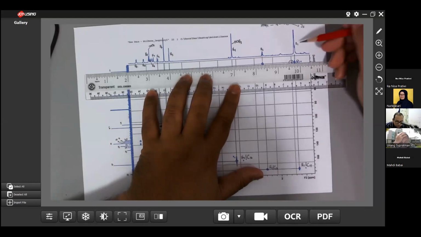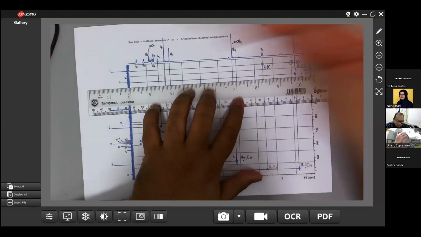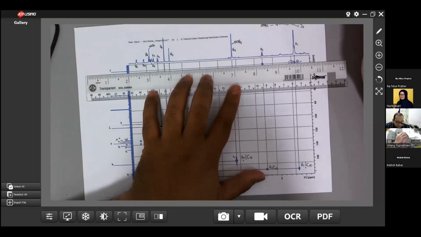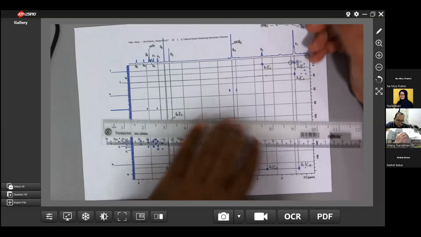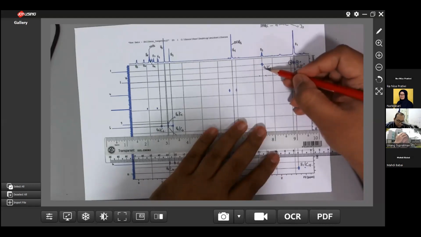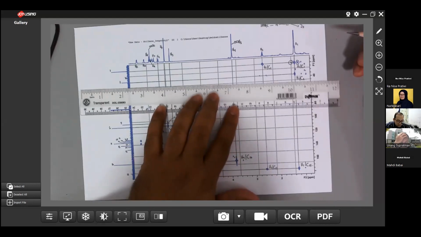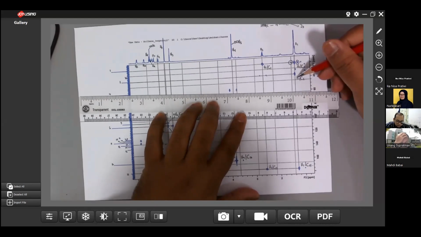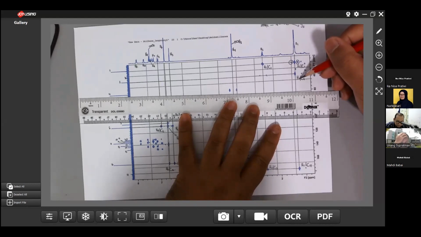This proton number 1 can see its own carbon, so I ignore that one. Carbon number 1 can see proton number 3, so proton number 3 can see carbon number 1. Of course, if they can see each other, proton number 1 can see carbon number 3.